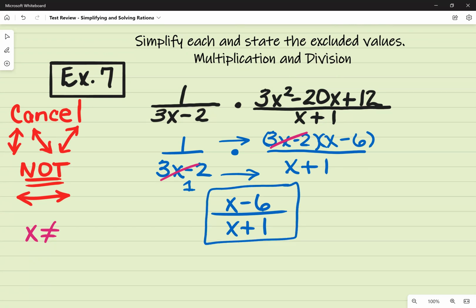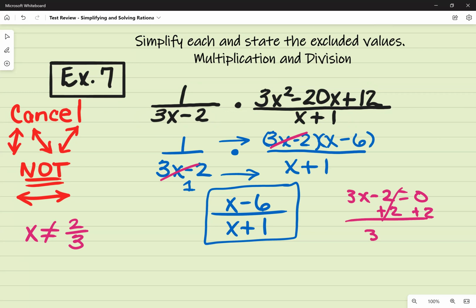And then we were asked to include the excluded values. So in this case, x cannot equal, and again, I want to look at my original denominators. What would make x equal 0? So the easiest way is to change the sign of the constant and divide it by what's in front of your x. So x cannot be 2 over 3, or you can set it equal to 0 and solve. So if you set it equal to 0, what would that end up being?